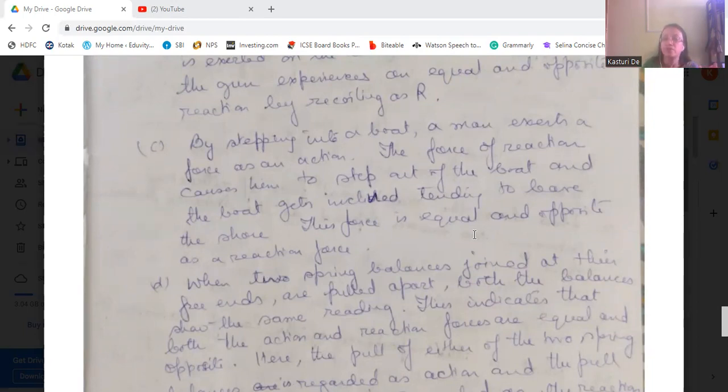This produces a force which is equal and opposite, as a reaction, to the force which the person was applying when he stepped on the boat.